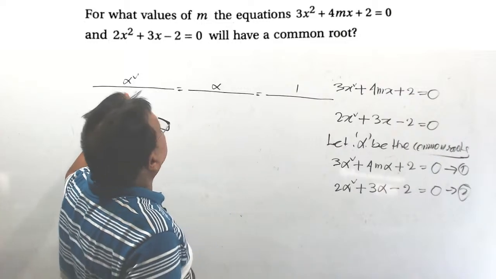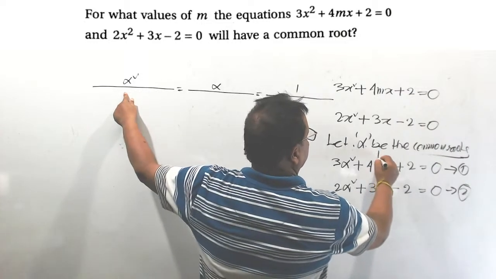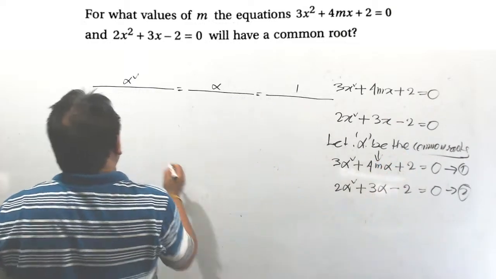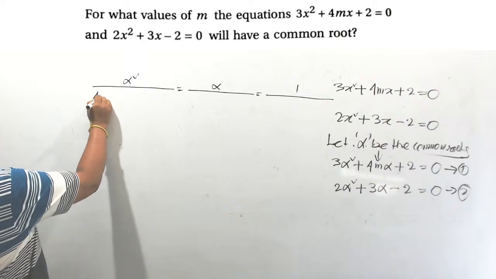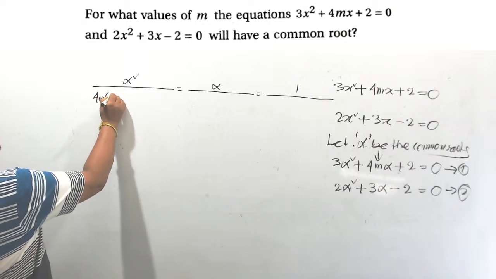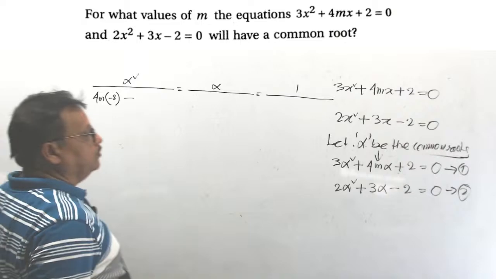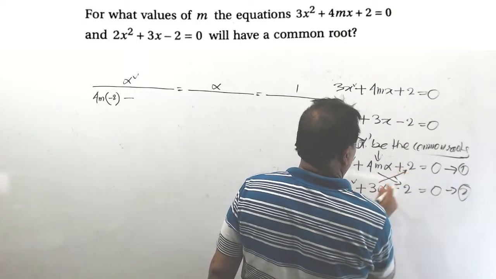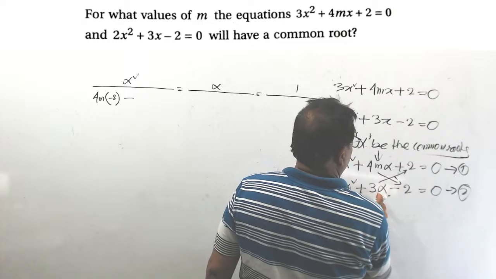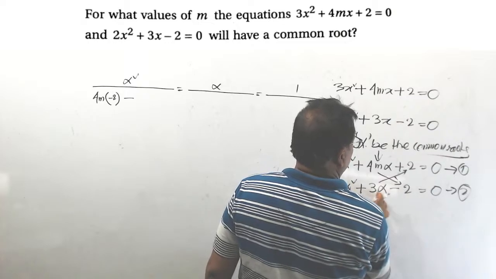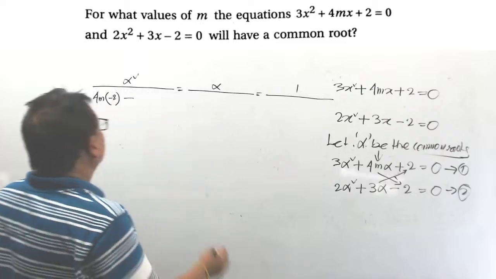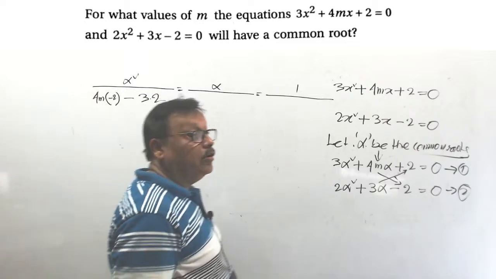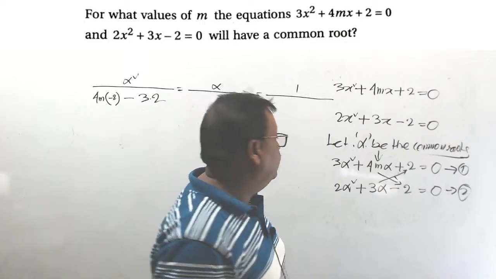Now for alpha square, you will start from here. 4m into minus 2 minus 3 into 2. Understood? Only the coefficients. You will take only the coefficients.